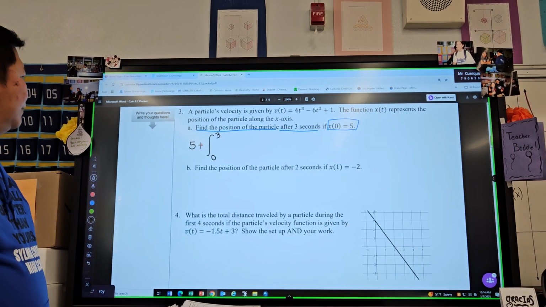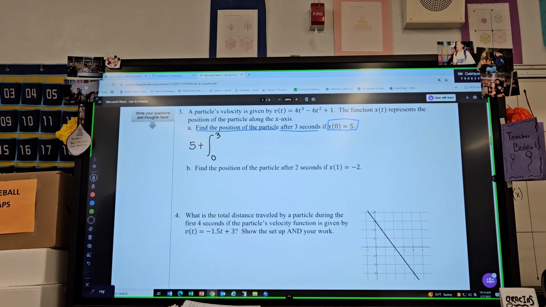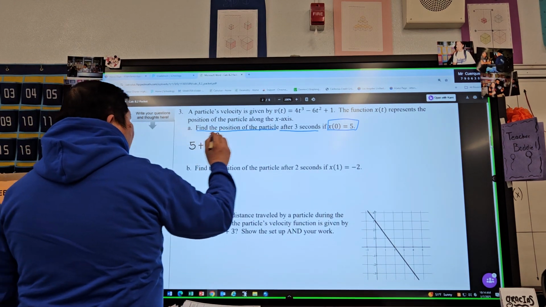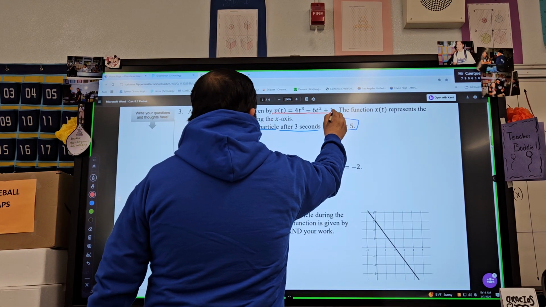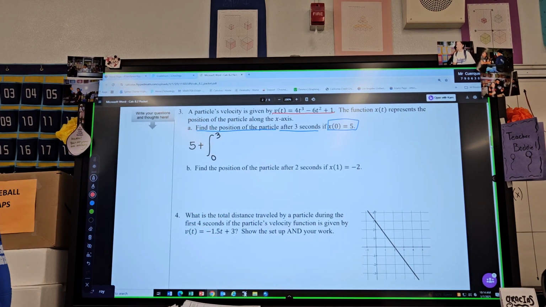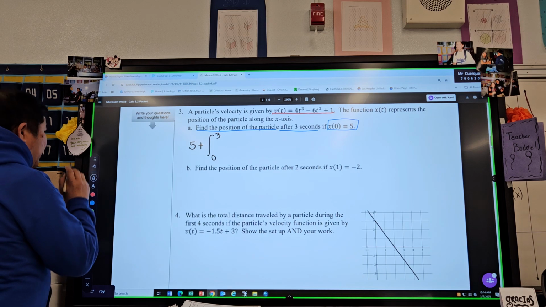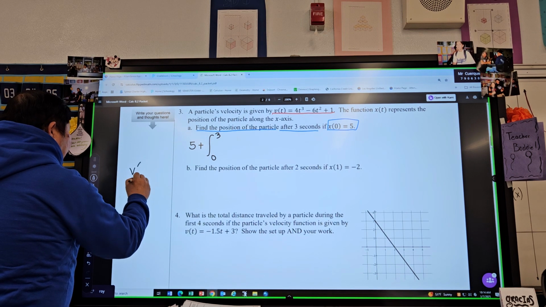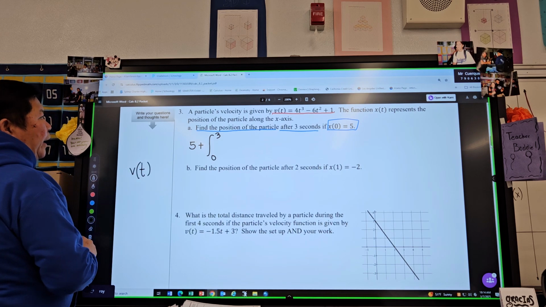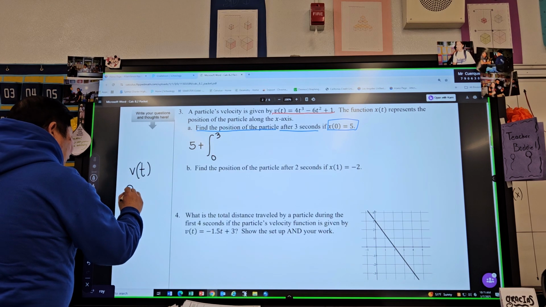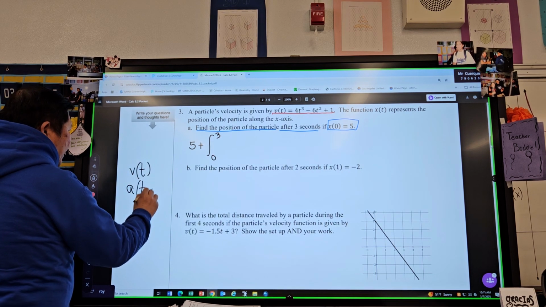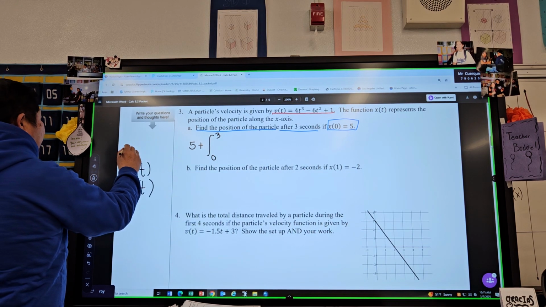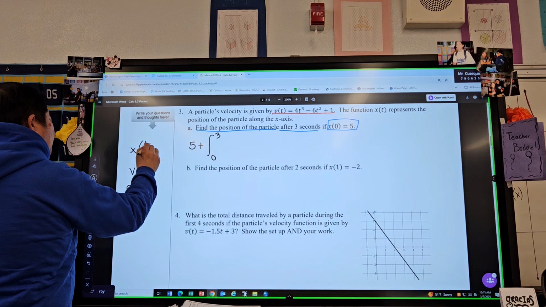Okay. Now, remember, this is velocity. And what is our objective if the velocity is given? We all know that we have velocity given. At the bottom of velocity is acceleration, and on top of velocity is the position.